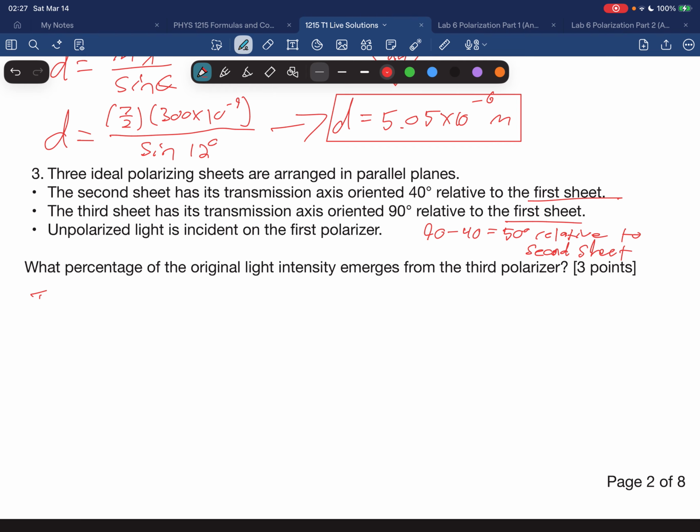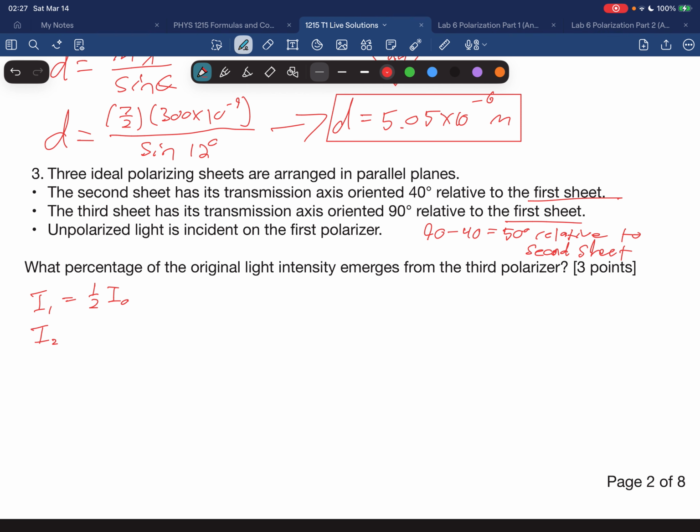Okay, so the intensity passing through the first polarizer is going to be exactly half of the original light intensity here. This is because the original light hitting the first polarizer is unpolarized, so half of it goes through.